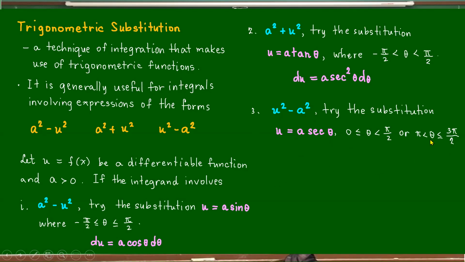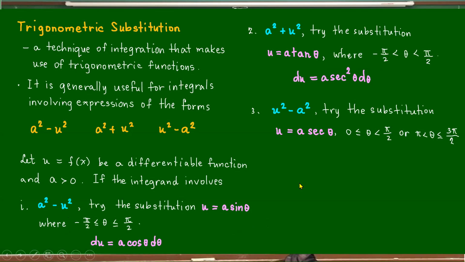Now, these restrictions are important. For instance, in the first substitution, if cosine theta is involved in the radical, say cosine squared, and you take the square root, it is guaranteed that you just have cosine theta, because cosine is always positive in the first and fourth quadrant.